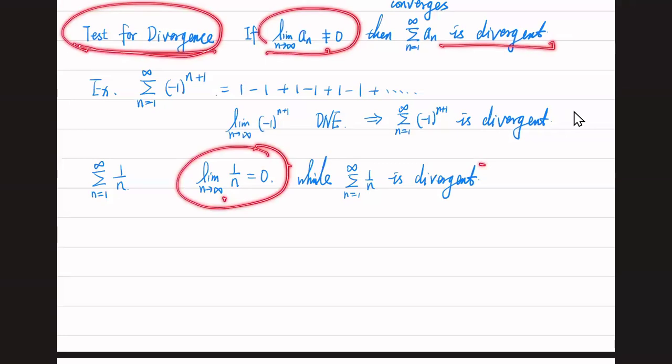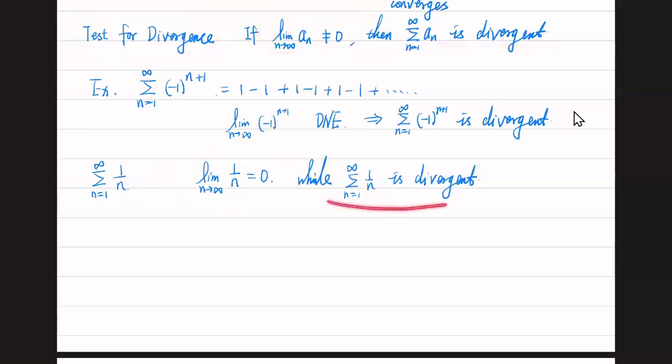Now, let's recall how we verify this is divergent. We introduce another test. It's called the integral test.